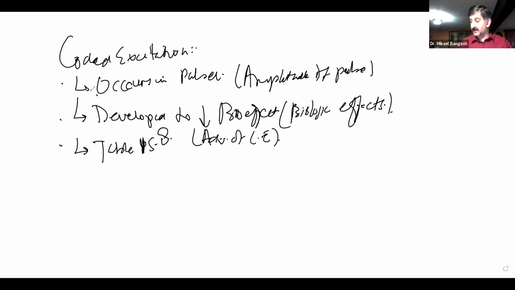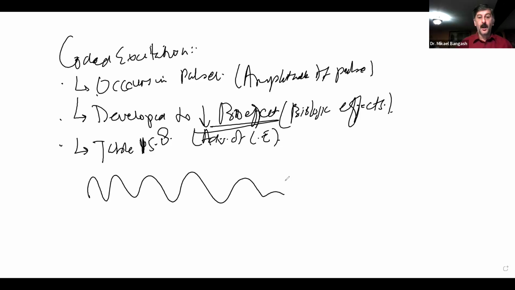Coded excitation occurs in the pulse. Now, why did they develop this mainly to reduce bioeffects? But doing so creates longer pulses too. So that's why I say just remember the 4 or 5 points. Just memorize them in the list.